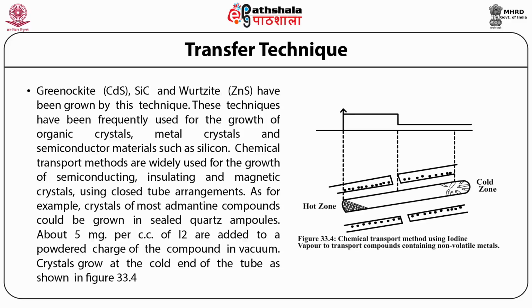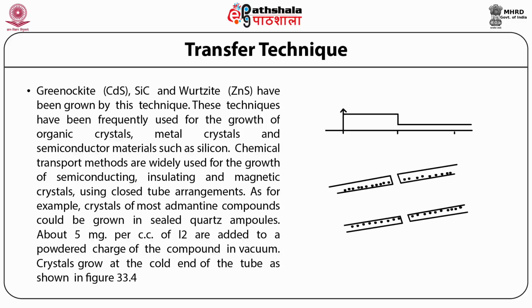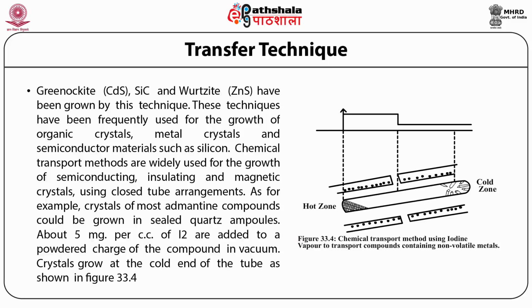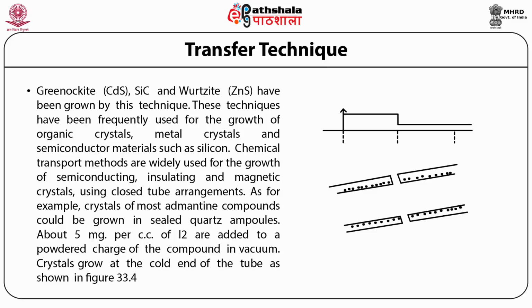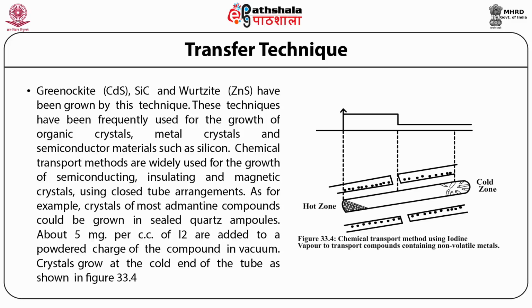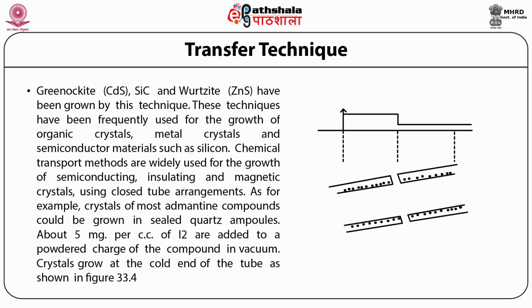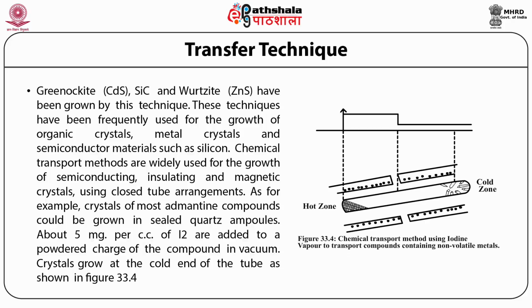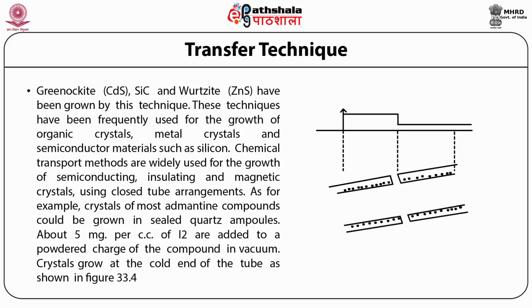silicon. Chemical transport methods are widely used for the growth of semiconducting, insulating, and magnetic crystals using closed tube arrangements. As for example, crystals of most adamantine compounds could be grown in sealed quartz ampoules. About 5 mg per cc of I2 are added to a powdered charge of the compound in vacuum.